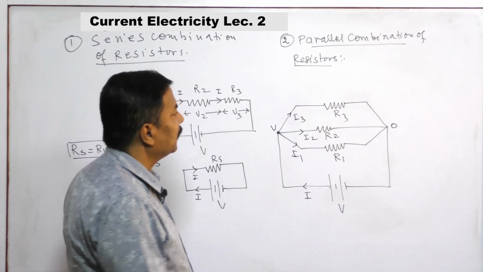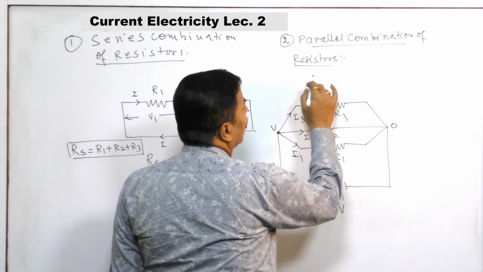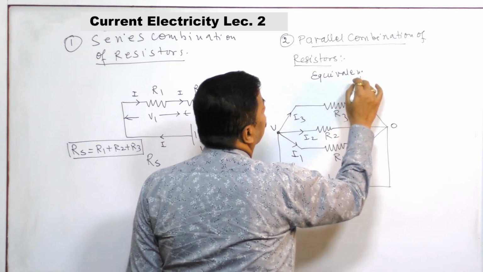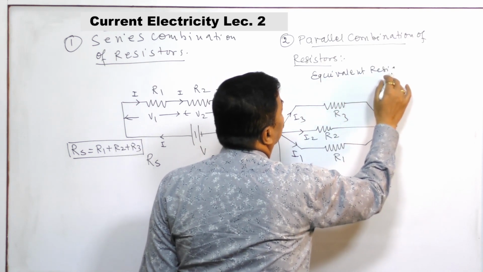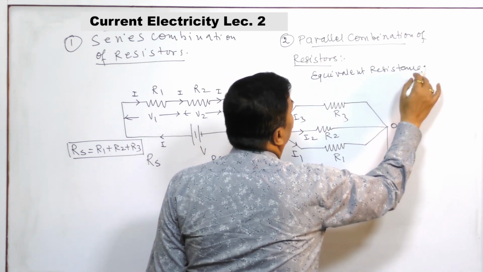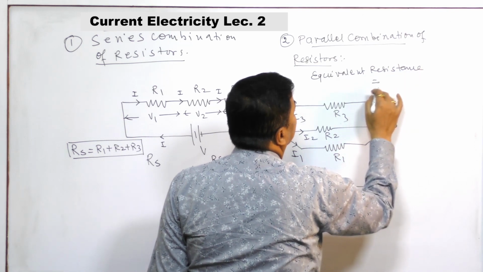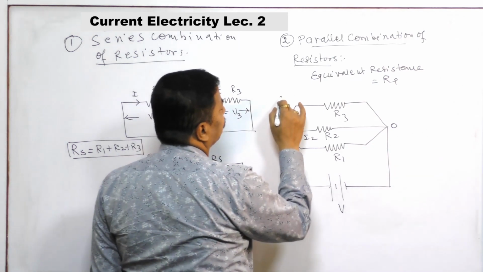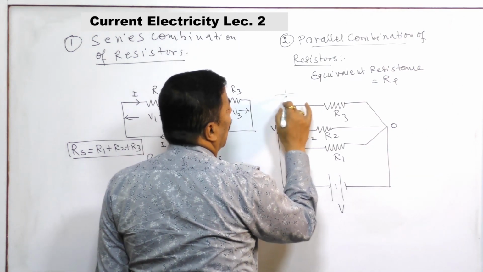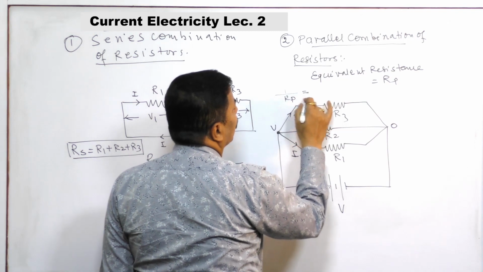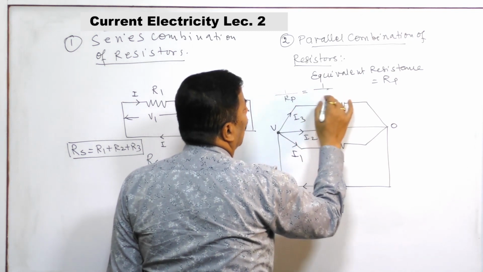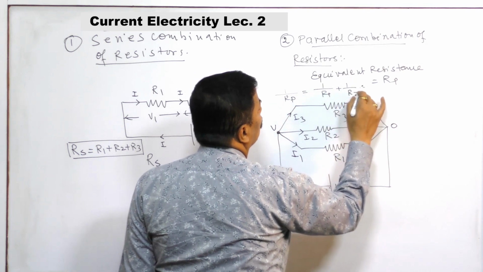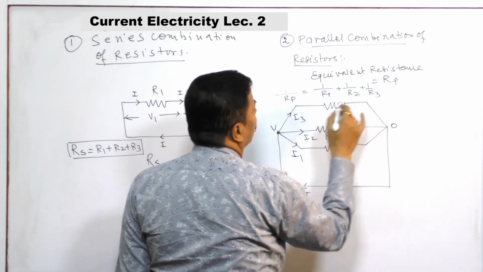In this situation, if I represent the equivalent resistance by Rp, then 1 by Rp is equal to 1 by R1 plus 1 by R2 plus 1 by R3.